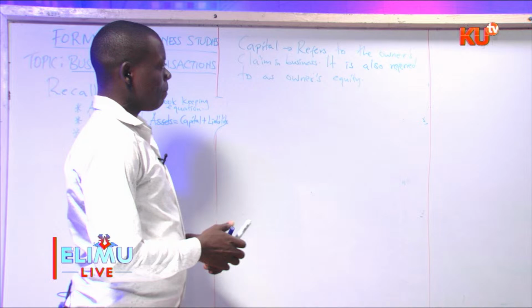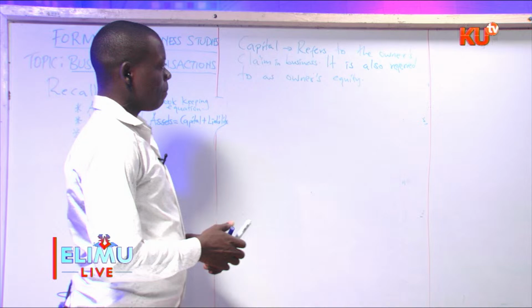Yes, this is simply a financial statement that shows the financial position of a business as at a particular time. So if we are preparing it as at 30th June of any year, then that becomes the record of the financial position for that year as at that date.